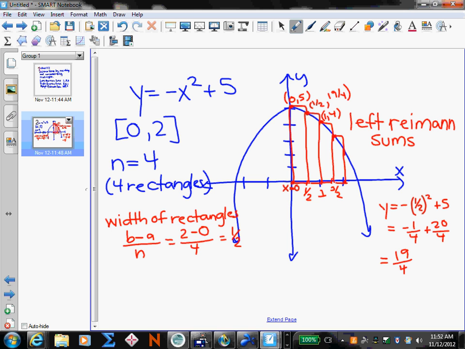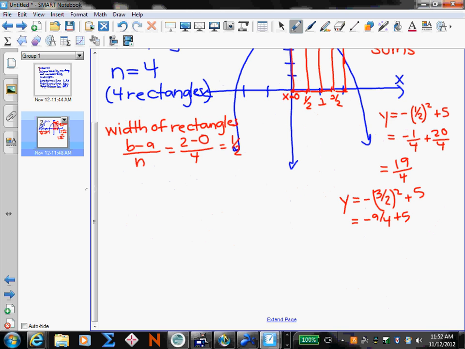And then the last one that I have to do for left Riemann sum is to plug in 3 halves. So I'm going to plug 3 halves in, square it, and add 5. So I will get negative 9/4 plus 5, which gives me negative 9/4 plus 20/4.